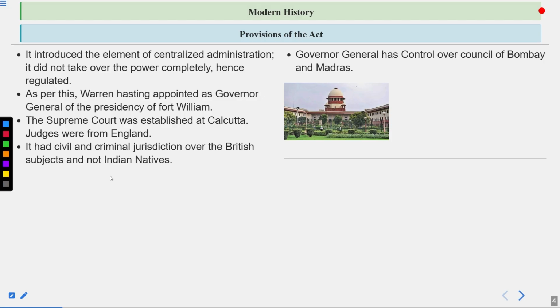So that was all done under the 1773 Regulating Act. And do remember the Court of Directors was also created, and the powers of the East India Company were extended for the next 20 years, that means from 1773 to 1793.